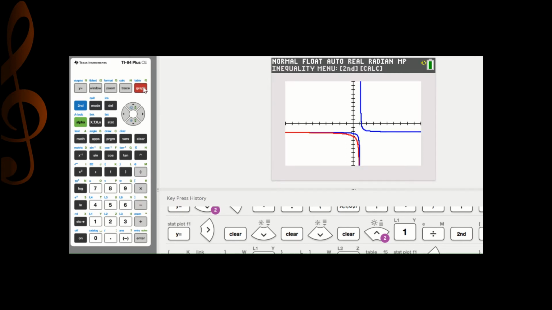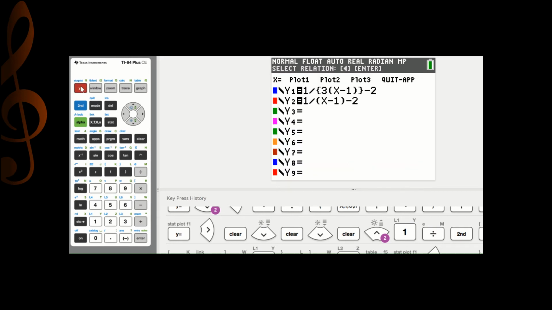And we're going to graph it. All right, we see a little bit of a change there. We've got a little bit of a compression. Now, why is that? That's because really in my original function, I could think of this as 1/3 times x minus 1 and then negative 2. Now let's graph it like that and see what happens.